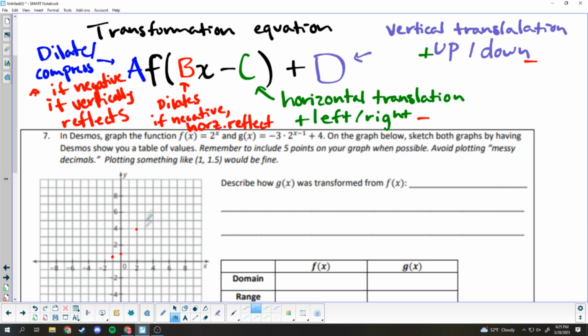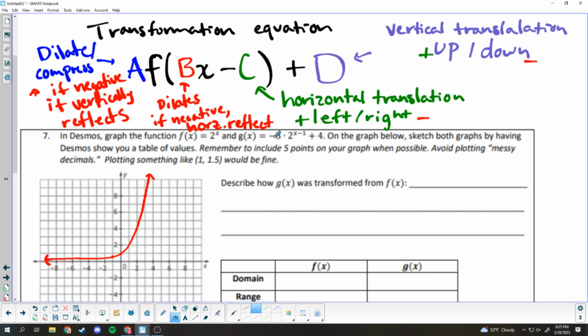So it's way up here. 3 would be at 9 because it's 2 to the power x. Oh, wait, no, 2 to the power 3 would be 8. That's right there. Okay, which means my equation looks like this.